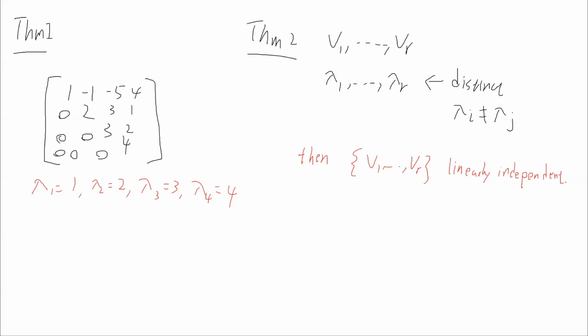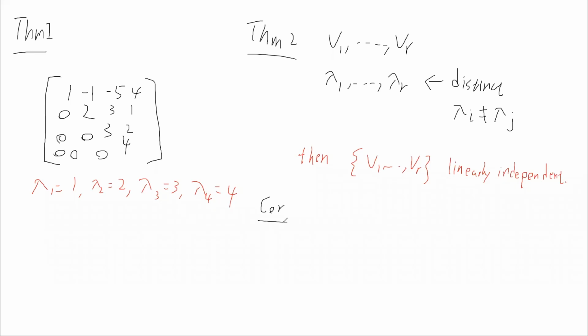Theorem 2 says if you have r many distinct eigenvalues with the corresponding eigenvectors, then this collection of eigenvectors is going to be linearly independent.